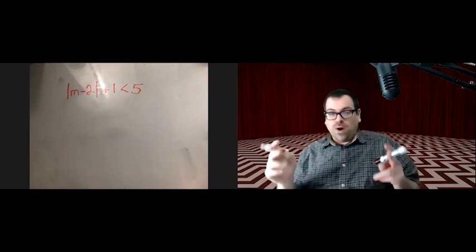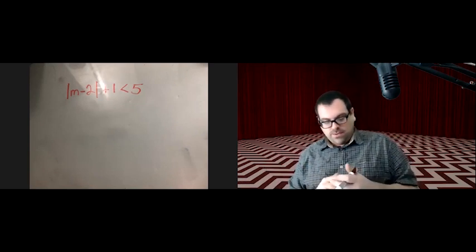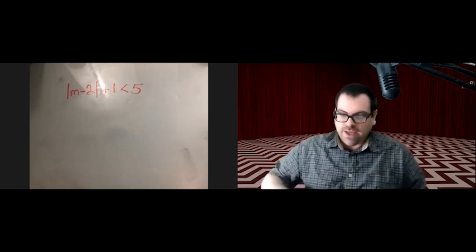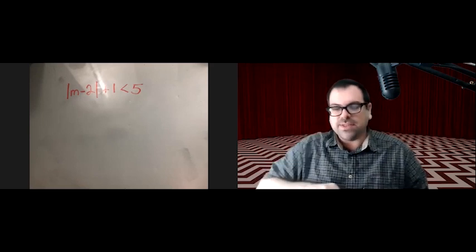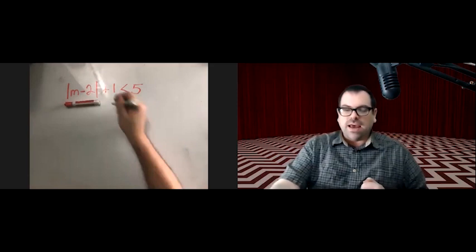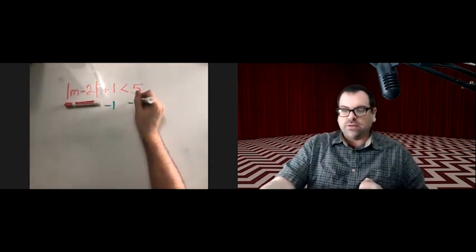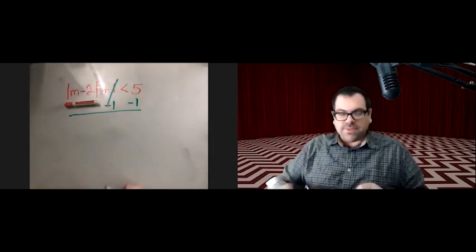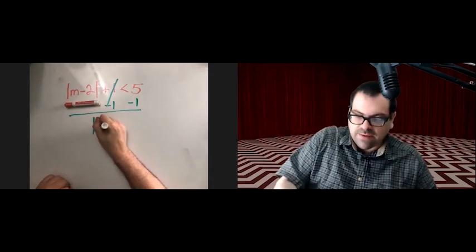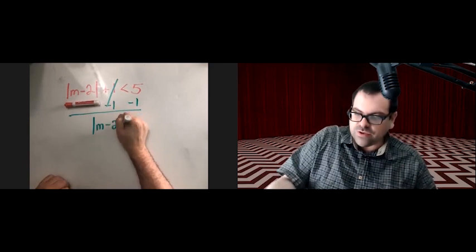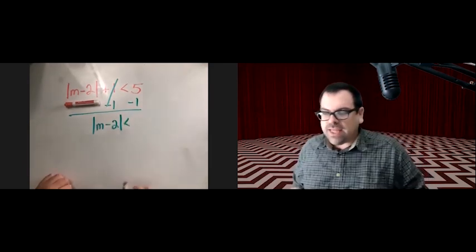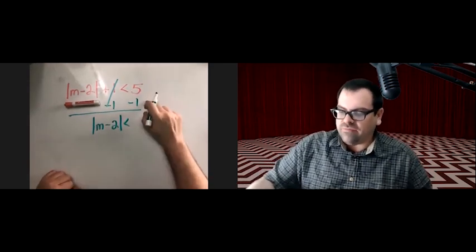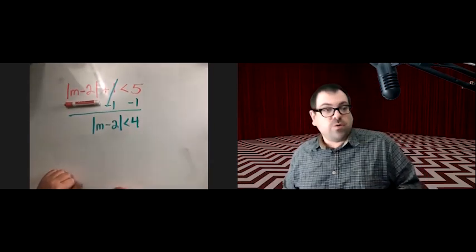No. Why? That's right, because the absolute value is not by itself. We have to subtract 1 from both sides to isolate the absolute value. And we will have the absolute value of m minus 2 by itself with a less than sign. 5 minus 1 is 4.